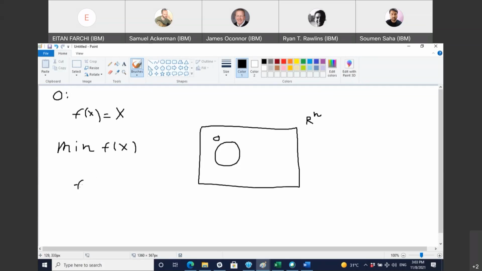So we have this subset that we're searching. And we're starting from some point. This is our starting point. And then we have some algorithms that takes us to another point.